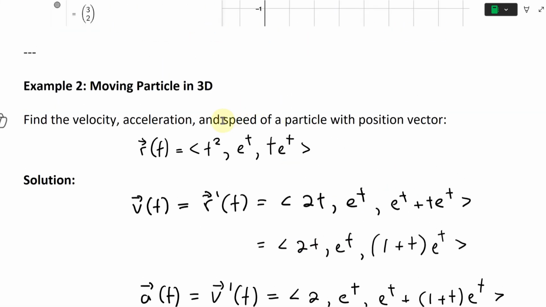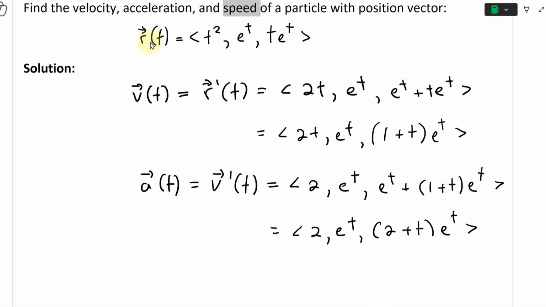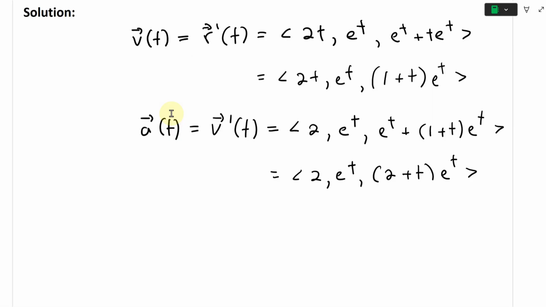Alright, and now let's get the speed, and that's basically the magnitude of the velocity vector. So we're going to get the magnitude of the velocity vector, and using our giant square root, squaring everything, we're going to have a giant square root sign like that.